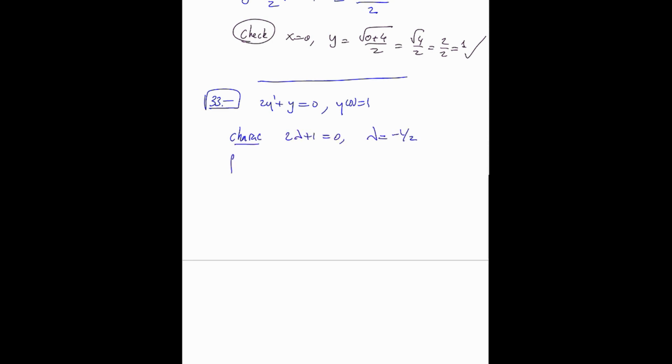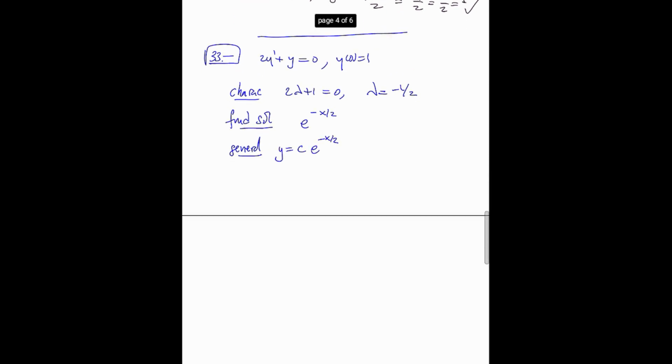From there we have the fundamental solution, which is e to the minus x divided by 2, it's minus 1/2 of x. And the general solution is a combination of this, a constant times e to the minus x over 2. Now this is homogeneous, no independent term there, so that's the solution.